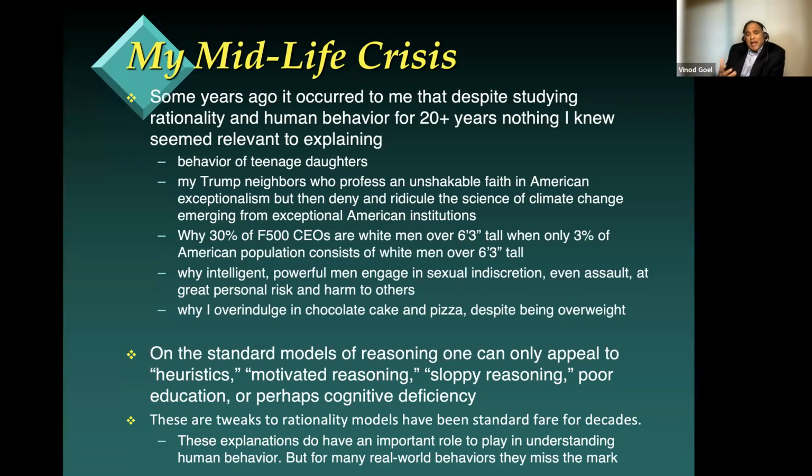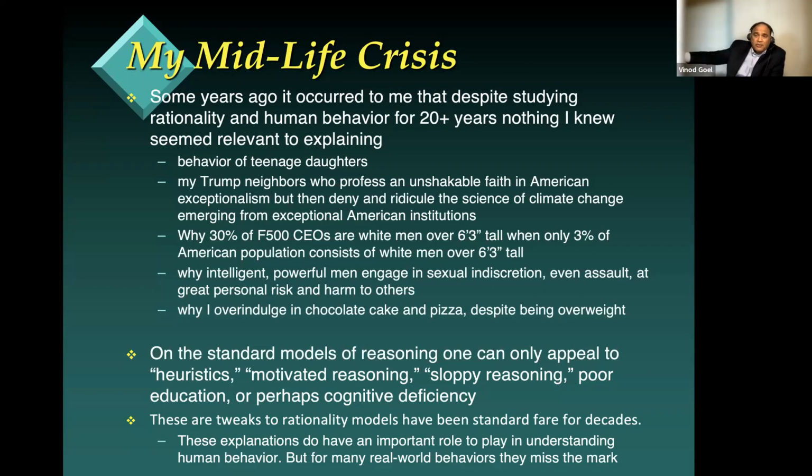So on the standard models of reasoning and rationality, one can only appeal to heuristics, motivated reasoning, sloppy reasoning, poor education, perhaps cognitive deficiency. Right? So essentially you've got a model of rationality, and these are just tweaks to the model. This has been standard fare for decades. What I'm saying is that these explanations do have a role to play in understanding human behavior.